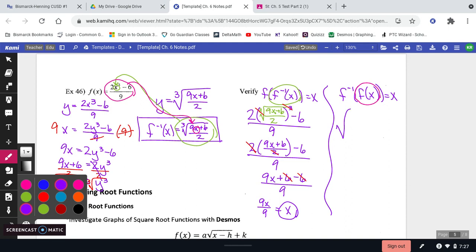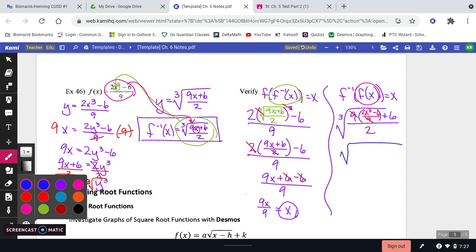So we're going to have a cube root of (9 times something plus 6) all over 2. Okay, so I'm taking f of x. So that's going to be (2x cubed minus 6) all over 9. Okay, well, simplify under your radical. So those 9s are going to cancel.